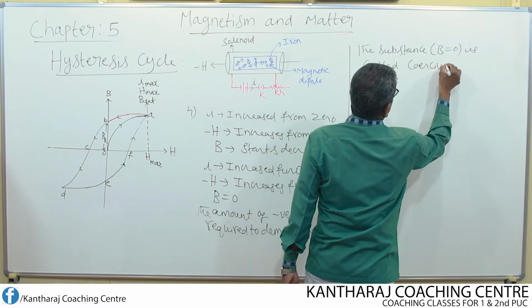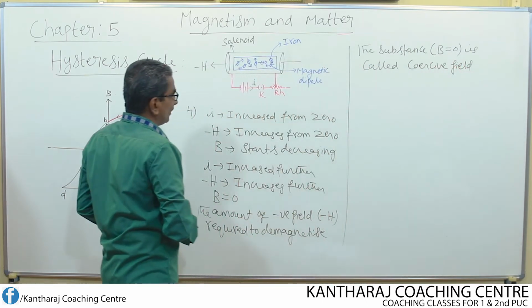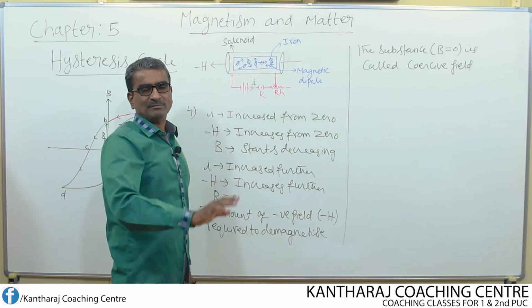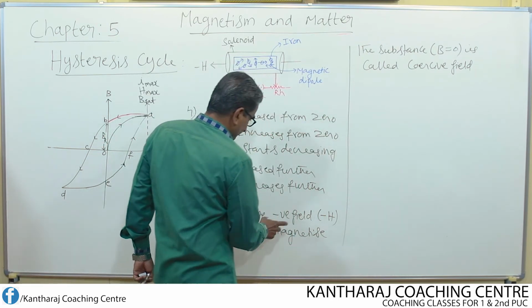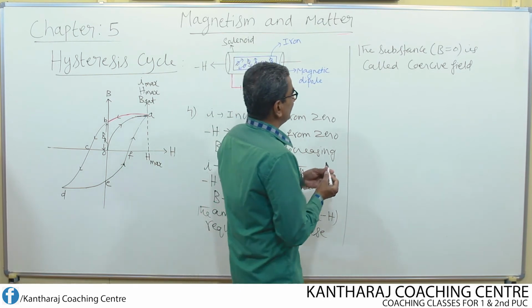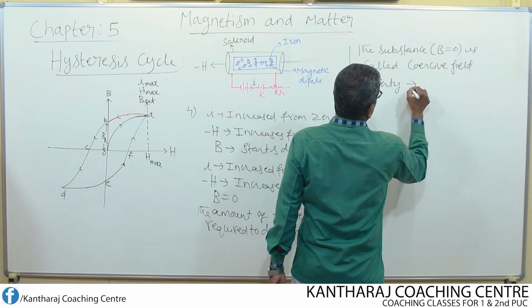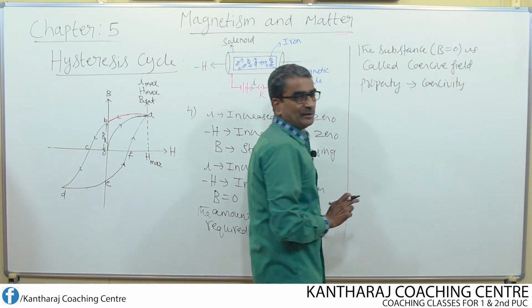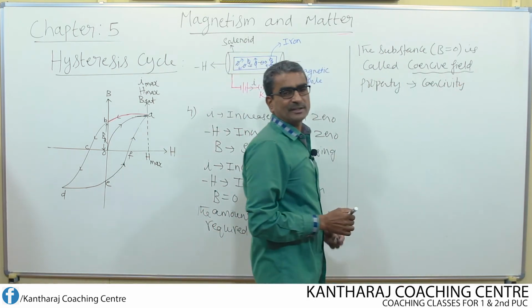And this property of the substance losing its magnetism completely for some negative field is known as coercivity. So the property is known as coercivity, whereas the amount of negative field required is known as coercive field.